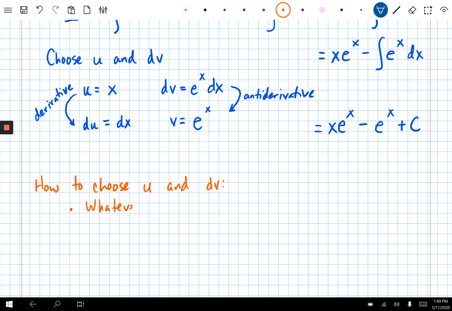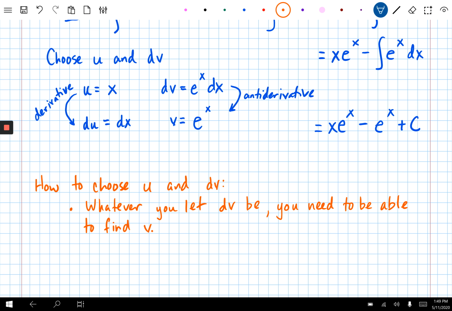Whatever you let dv be, you need to be able to find v. So you're going to need to choose dv so you can find its antiderivative.